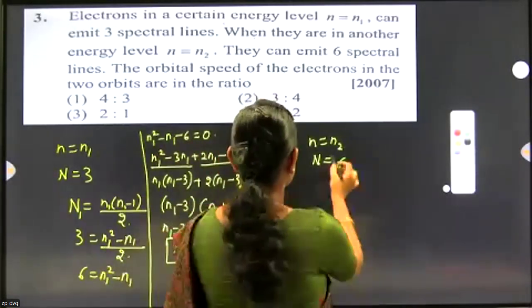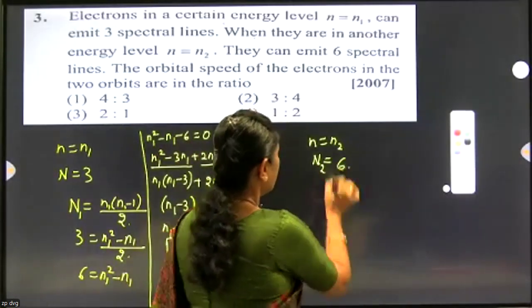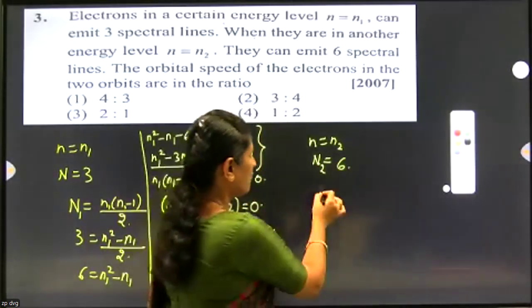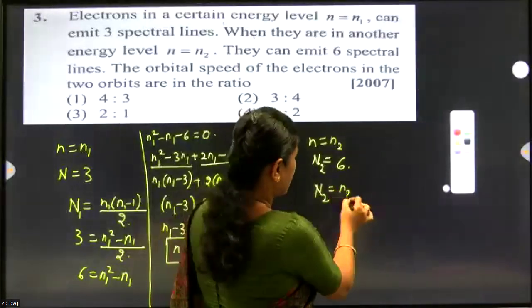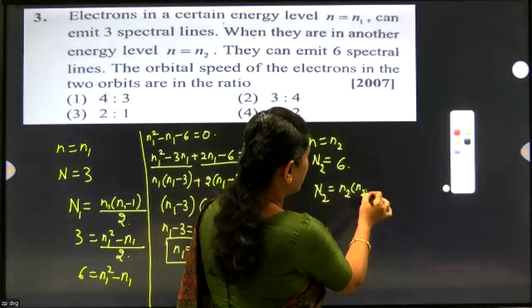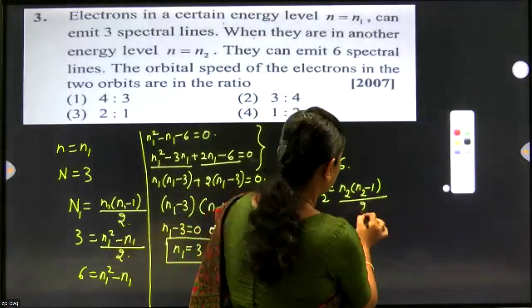Next, here they given n2 is equal to 6. Again, from formula, the number of lines is n2 into n2 minus 1 by 2.